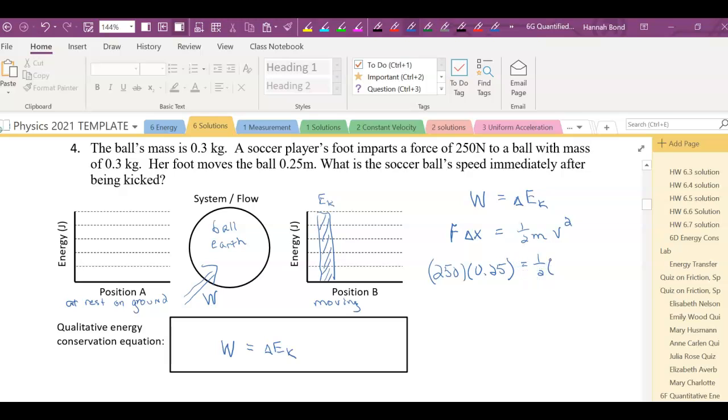Now the ball has a mass of 0.3 kilograms, and I'm looking for the velocity. So that's what I'm going to solve for. So the velocity of this ball is 20.412 meters per second.